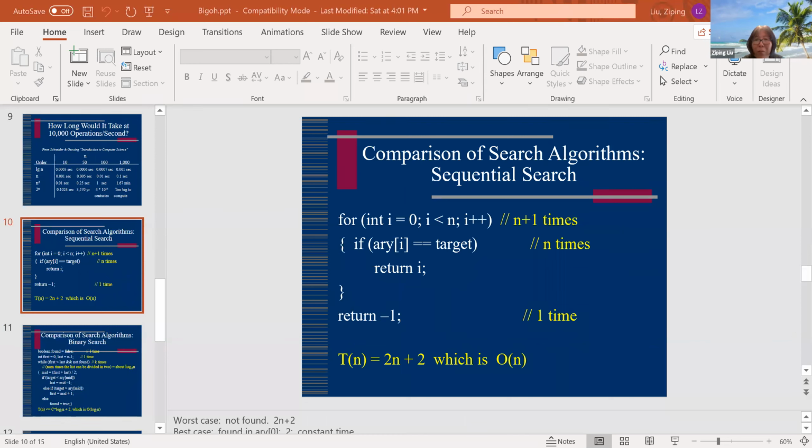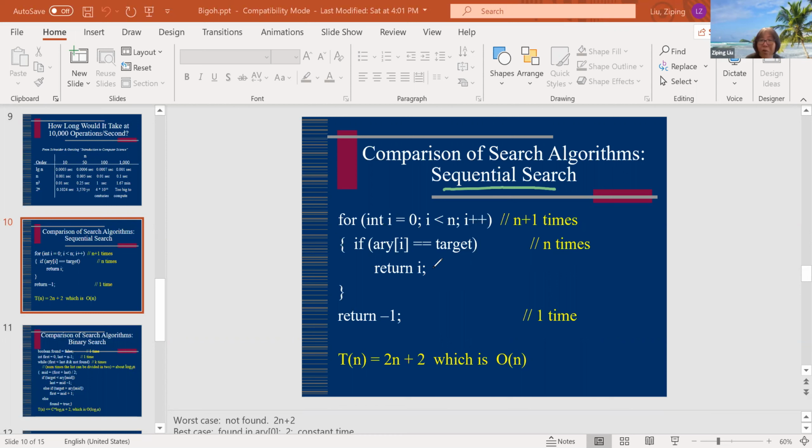Let's take a look at more examples. First is sequential search, or linear search. Suppose we want to do a linear search on an array. You have the loop, which will take n plus 1 times, and the comparison takes n times.